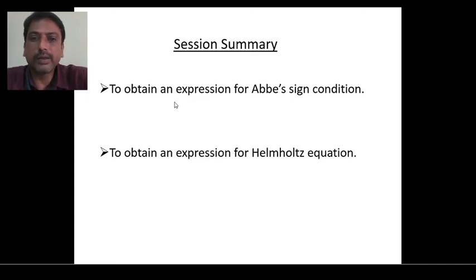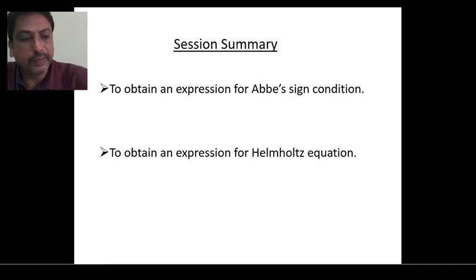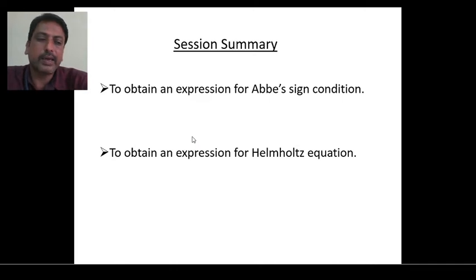Okay. So what are aplanatic points and what are aplanatic surfaces? See here, there is always a problem whenever we come across the refraction of light with respect to a spherical surface. A spherical surface forms the image of a point object as a point only in case of paraxial rays.